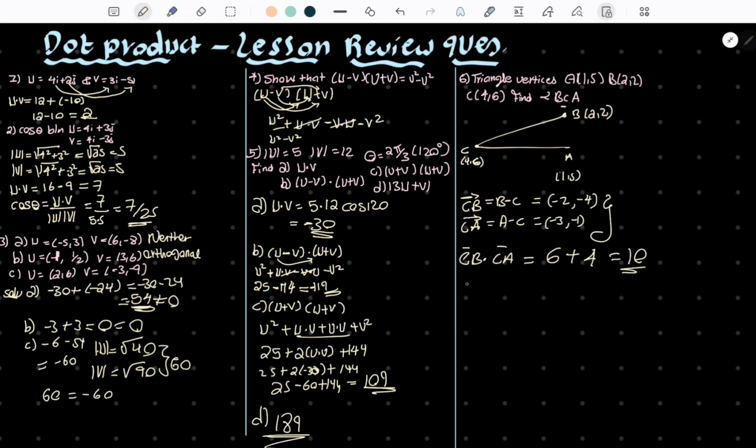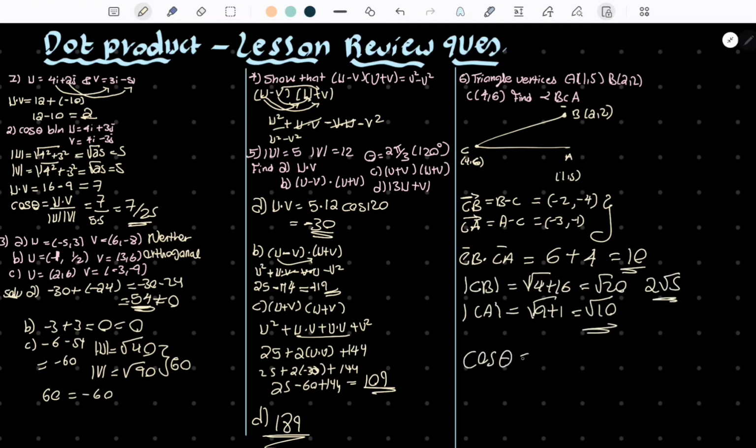Now we need to find their magnitudes. Now let's do the formula. So it's going to be CB dot CA over magnitude of CB and magnitude of CA, which will be the dot product, obviously 10, over root 10, and then 2 times root 5, which will be simplified to 1 over root 2, which will be root 2 over 2.